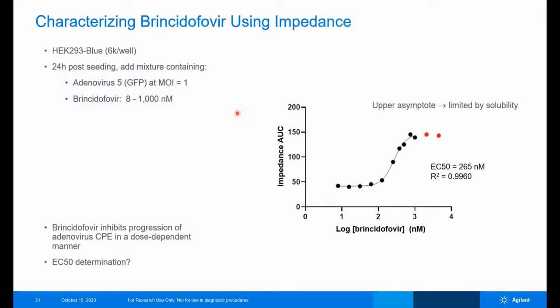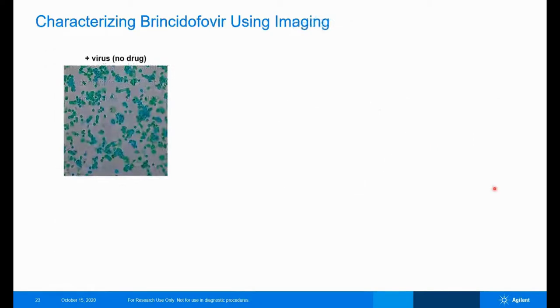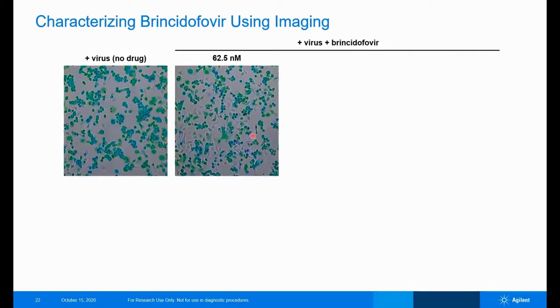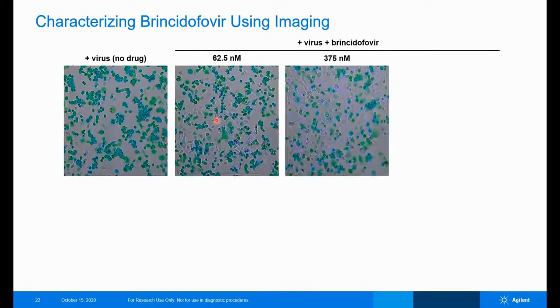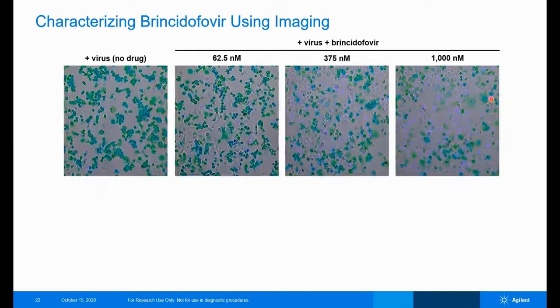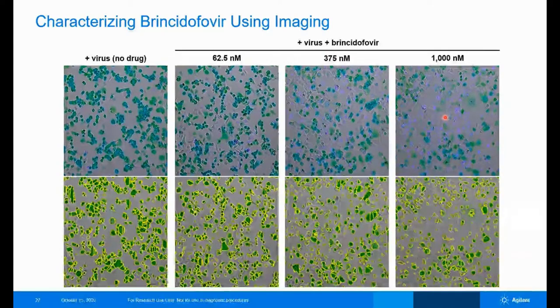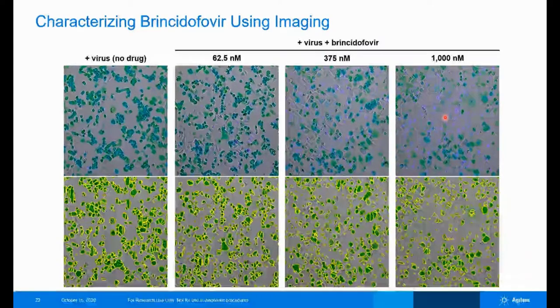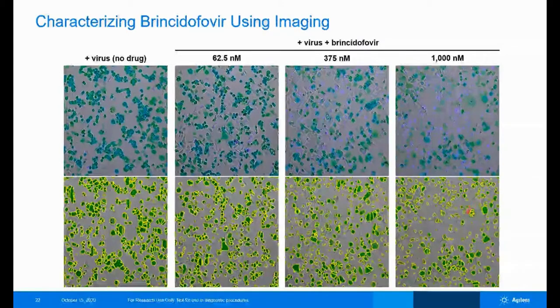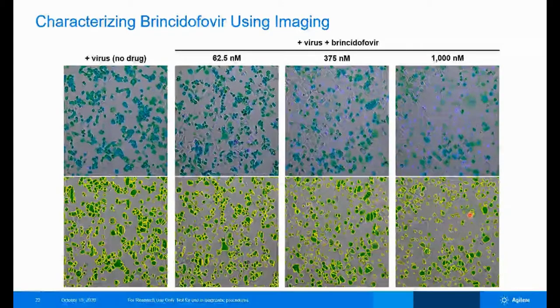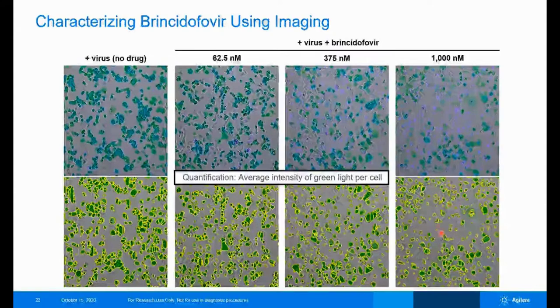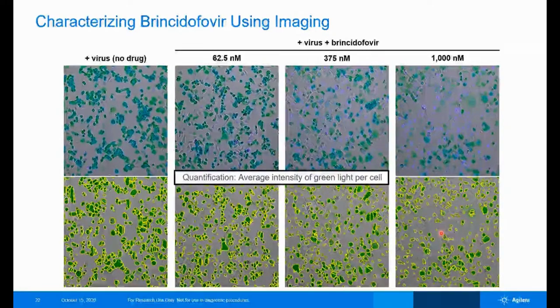Everything I just showed you is based on impedance, but we can do the same type of analysis using imaging readouts. As we go from no drug to low drug to intermediate drug to high concentrations of the drug, there is a very clear knockdown of that viral CPE. And we can use the eSight software to quantify this. Here we asked the software to encircle all green cells, and then we asked it to quantify the intensity of that green signal on a per cell basis.